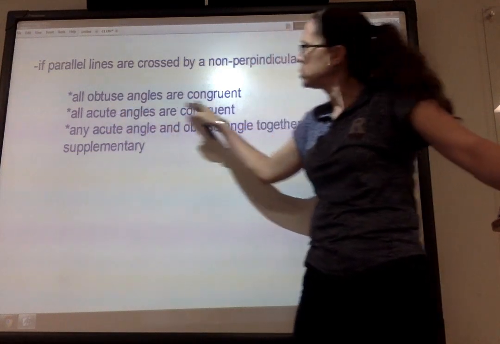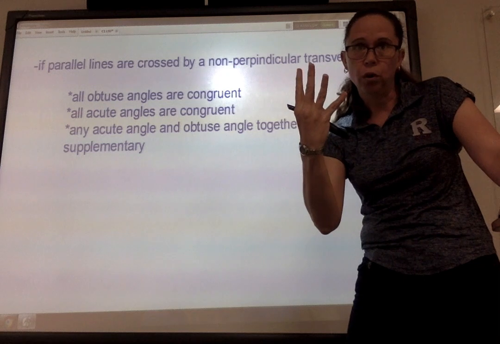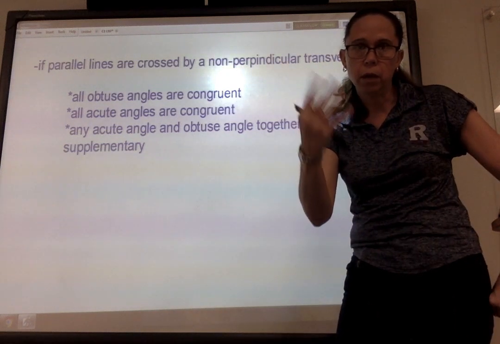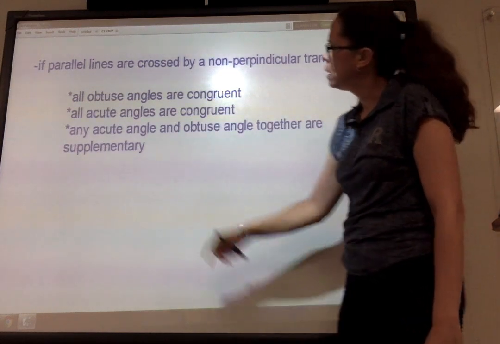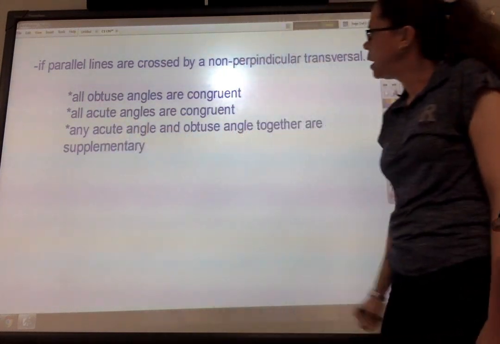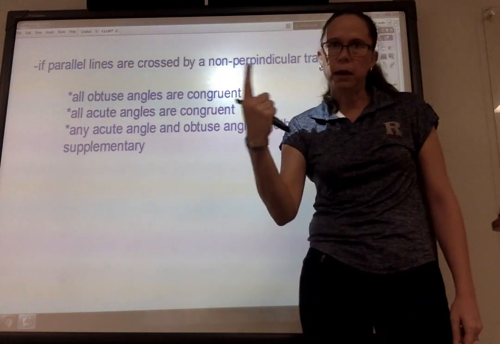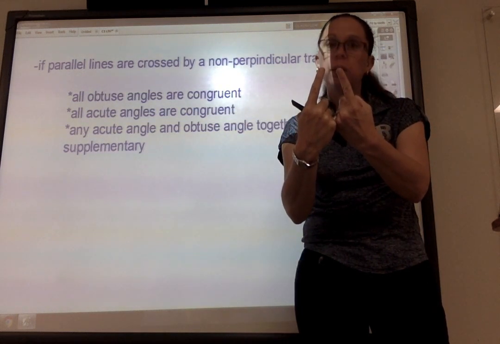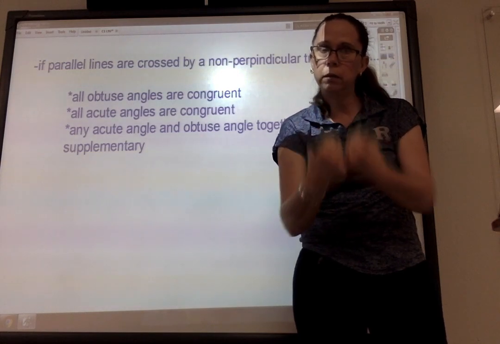The acute angles created are all congruent. There are 8 angles created: 4 are obtuse, 4 are acute. All the obtuse angles have the same measure. All the acute angles have the same measure. Any acute angle and obtuse angle together are supplementary. If I take one of those obtuse angles and combine it with one of my acute angles, they're supplementary. That means they add up to 180 degrees.